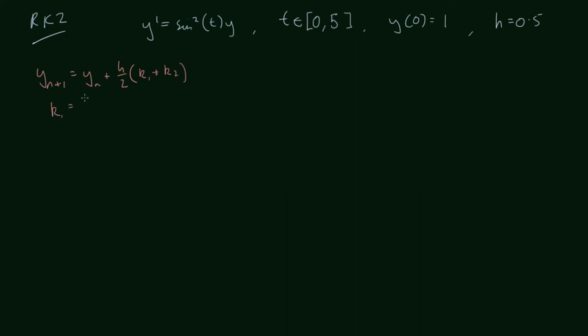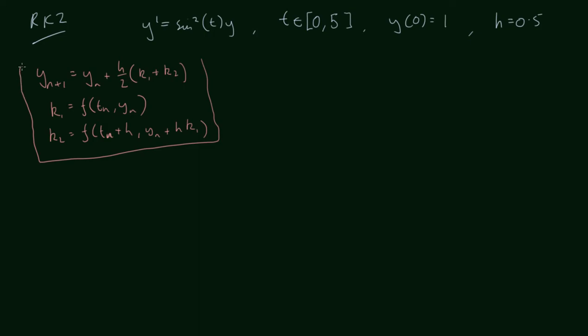Our first stage value, as with all explicit Runge-Kutta methods, is f of t_n, y_n, and our second stage value is f of t_n plus h, y_n plus h times k1. This is our RK2 method, and this is what we're going to use to calculate the first, say, 2 steps of the solution for this initial value problem.